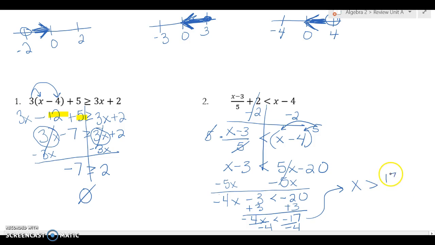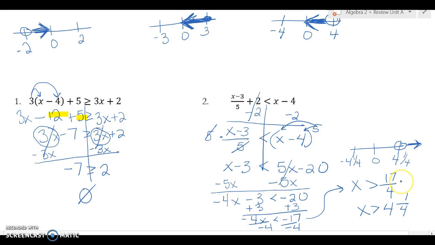So it's greater than 17 over 4. Now you can keep your answer like this, or you can make it a mixed number. 4 goes into 17 4 times with one remainder. And so now I have a 0, 4 and 1/4. It's an open circle here at the 4 and 1/4, and I'm going to go to the right.